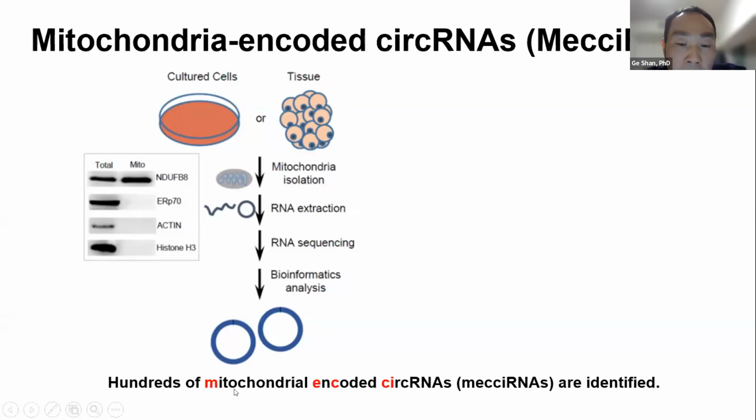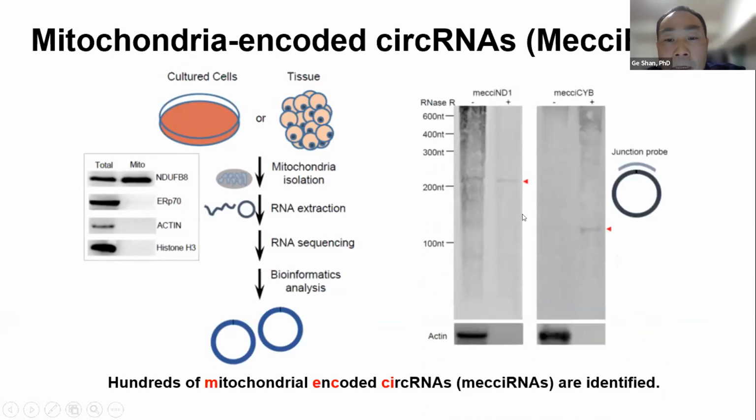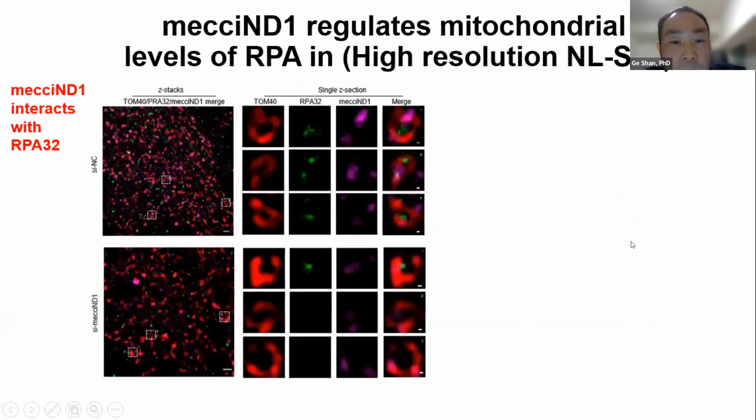By bioinformatics analysis, we found that mitochondrial DNA actually encodes hundreds of circular RNAs. We call them MecciRNAs.